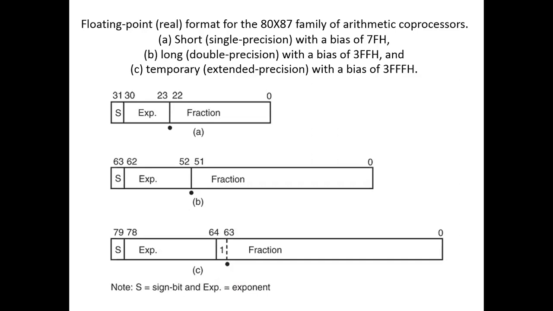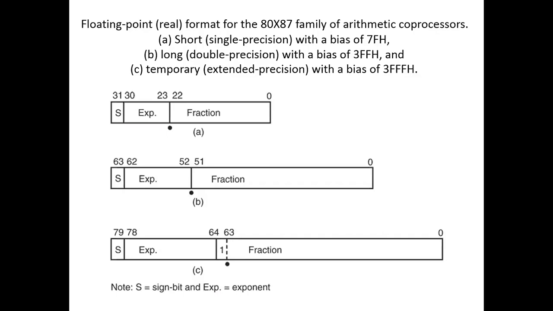The first 64 bits represent the fraction, and the leftmost bit of the fraction is always 1. The exponent is bits 64 to 78, and the 79th bit is the sign bit. These floating point formats we have discussed in computer organization and architecture in the first unit, where we already performed the numerics based on normalizing and denormalizing.